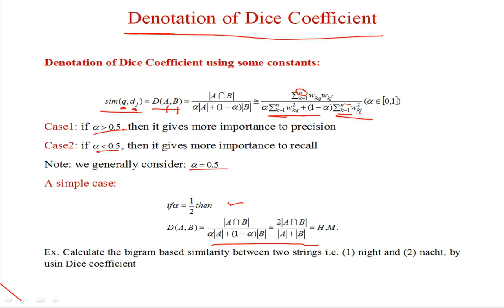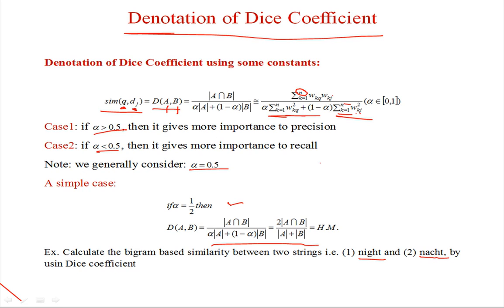Now this is a simple exercise. Calculate the bigram based similarity between two strings, the first is night and the second is nacht, by using dice coefficient. So it is very simple.